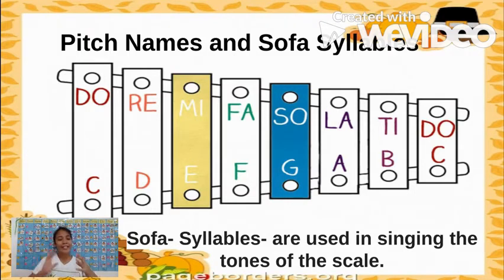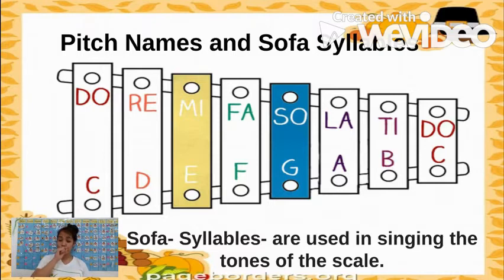Again, what is the use of the time signature? The time signature tells us how many beats are to be counted in each measure. For the solfa syllables, this is very useful.